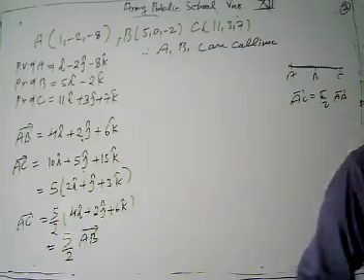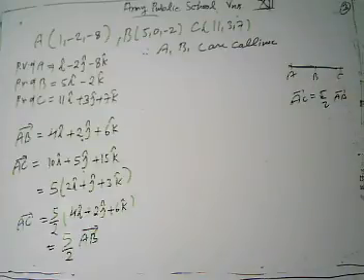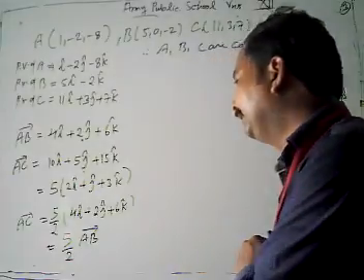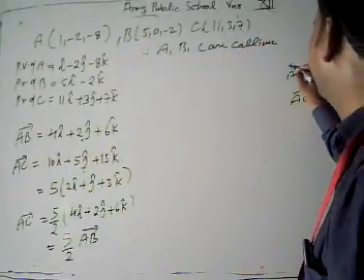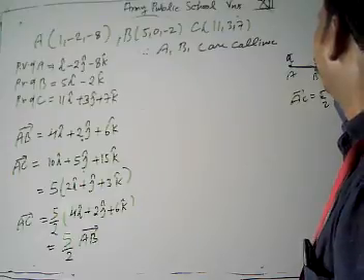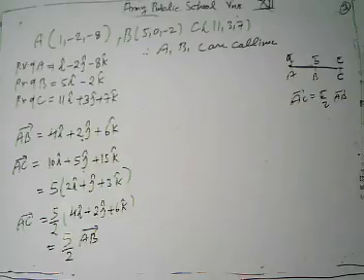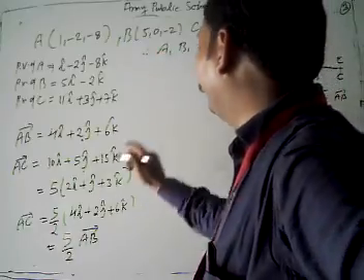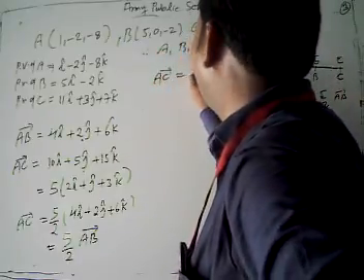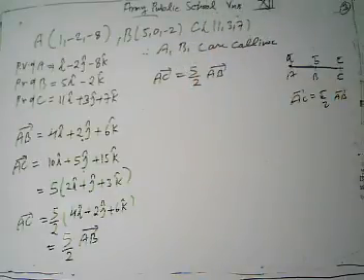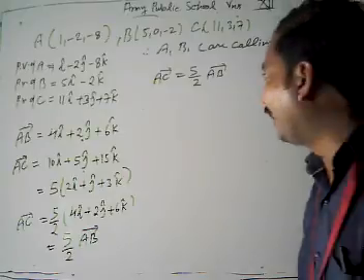But here it is also asked to find the ratio in which B divides AC. Now look, we have to find the ratio in which B divides AC. Suppose we take the points A, then B, and the point C. We have been given vector AC equal to 5 by 2 vector AB, and now we have to find the ratio in which B divides AC.